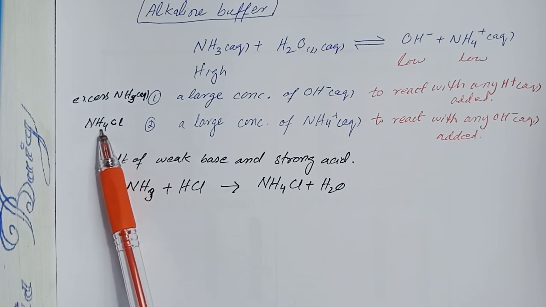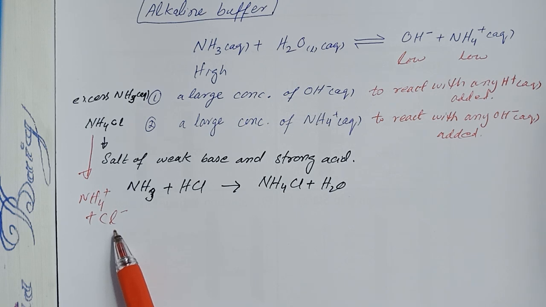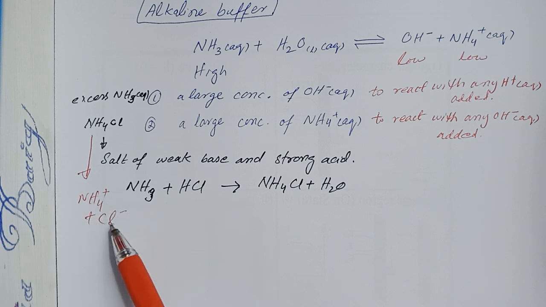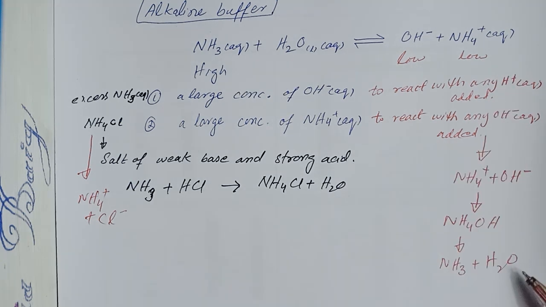As this salt is a strong electrolyte, it will generate the excess of ammonium ions and chloride ion when dissolved into water. So it is dissociated completely into the ammonium ion and chloride ion. So this ammonium ion can neutralize the hydroxyl ion by reacting to form ammonia and water.